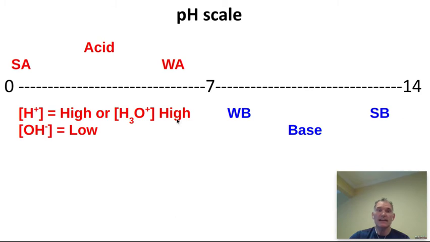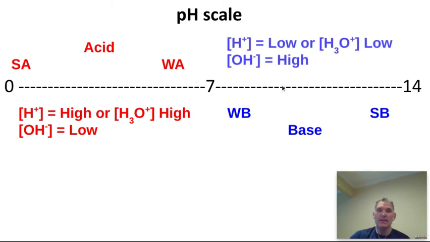OH is going to be low. And down here at a pH of 0, I'm going to have the highest amounts of H and H3O plus. And as I slide closer to 7, my concentration of H plus begins to decrease. That tells me once I get past 7, my OH starts to climb. And as I get closer and closer to a pH of 14, I have the highest hydroxide ion concentrations.